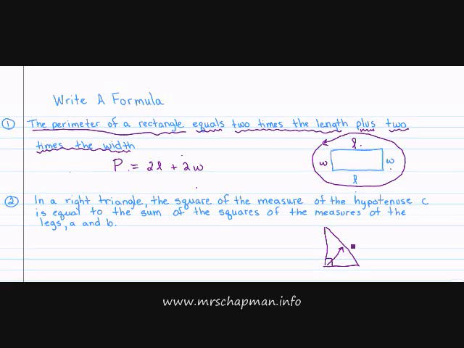If you don't know, this is the hypotenuse, this line here, and we always label it C. It's directly across from the right angle, and our legs are A and B. So the square of the measure of the hypotenuse, so C squared, is equal to the sum, which means I'm going to add something, of the squares of the measures of the legs A and B. Very good.